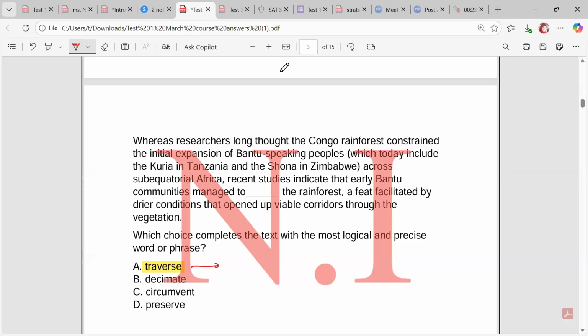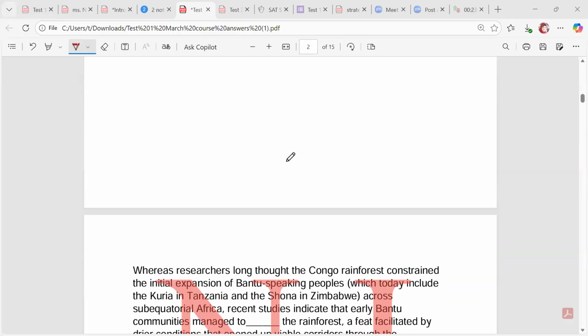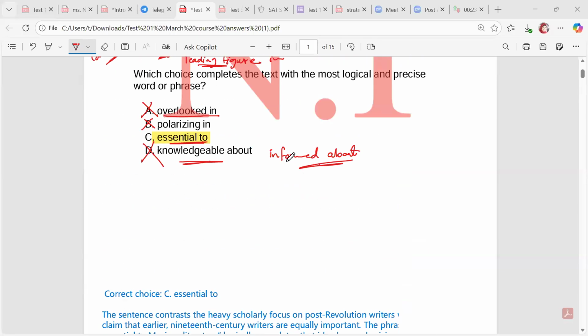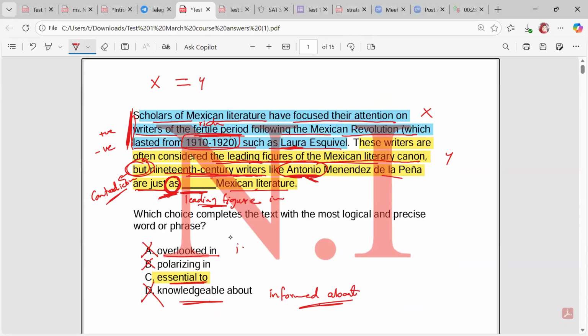Yes, some people are raising their hands. May I know why? Lujain, yes? Miss, I had a question in number 1 where I didn't understand why we still chose C. Yes, I explained it, right? Yes, but overlooked means ignored. This is so negative.